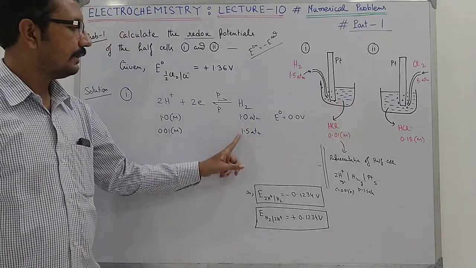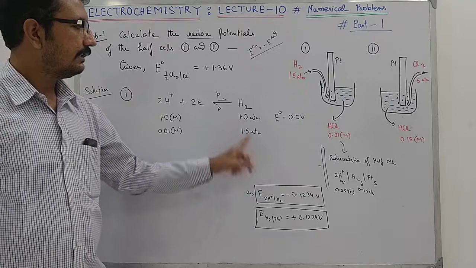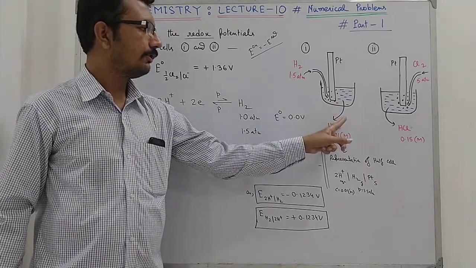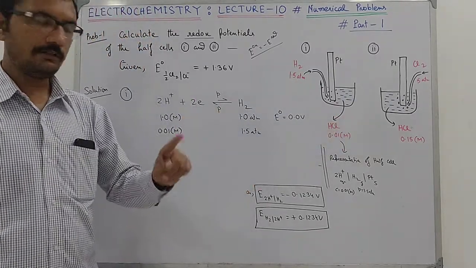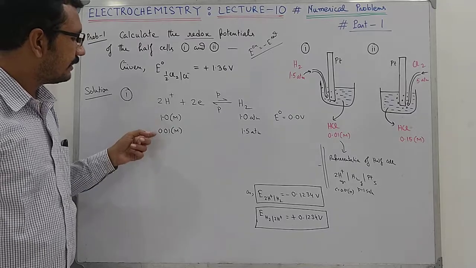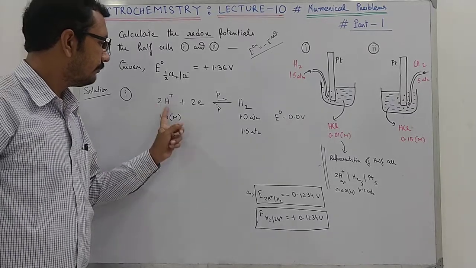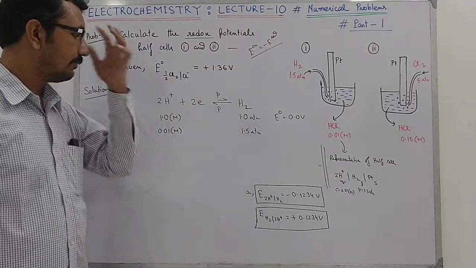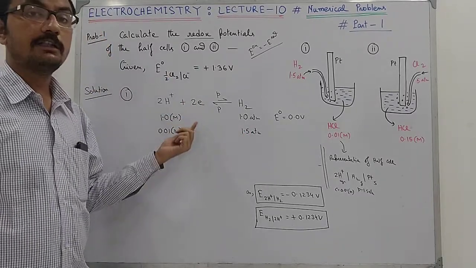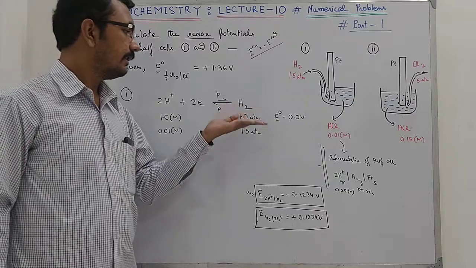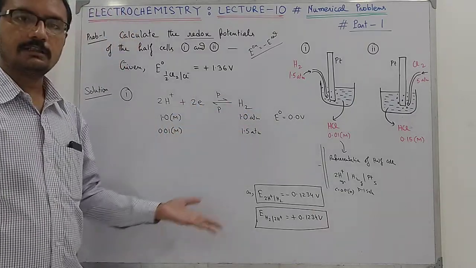You are increasing the pressure, so the tendency of H2 to get into the solution increases, that is oxidation, and you are decreasing the concentration of H plus ions, so the tendency to get liberated after taking up electron decreases, that is reduction decreases. So oxidation tendency increases, reduction tendency decreases.